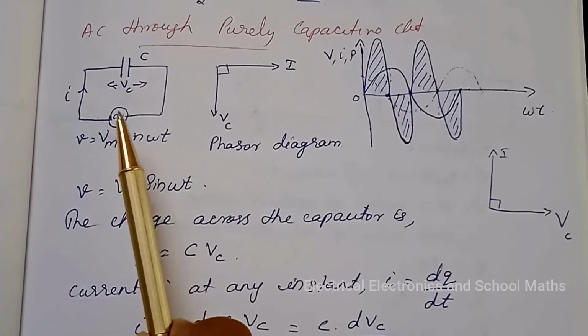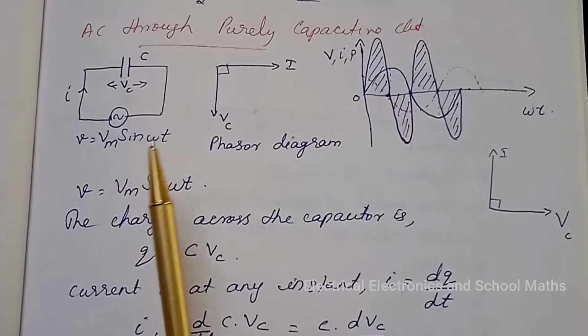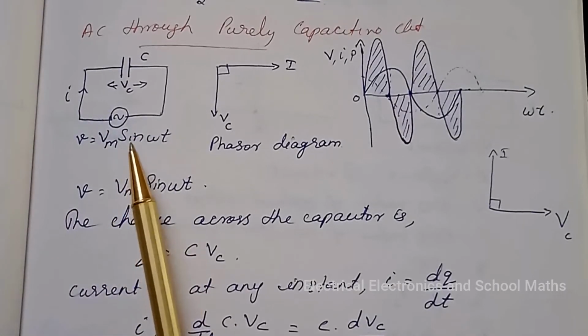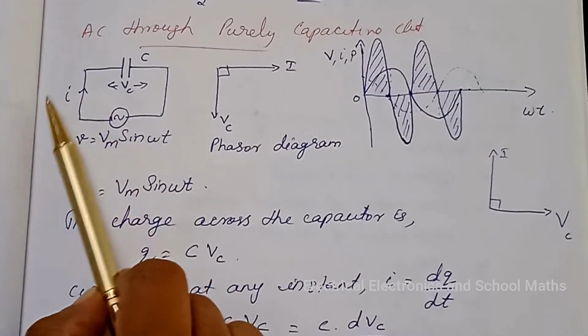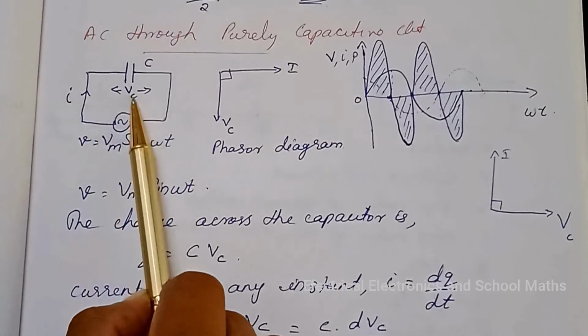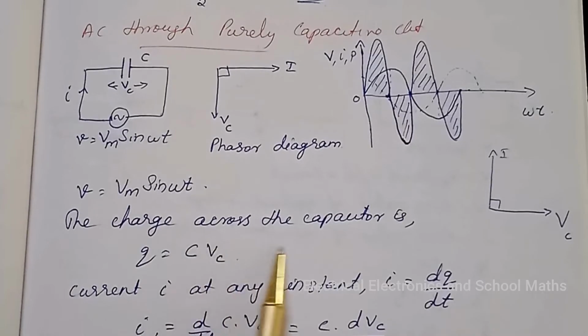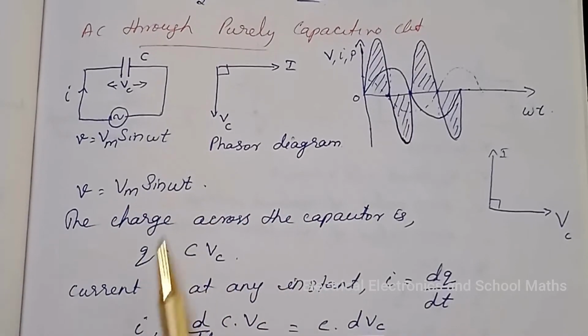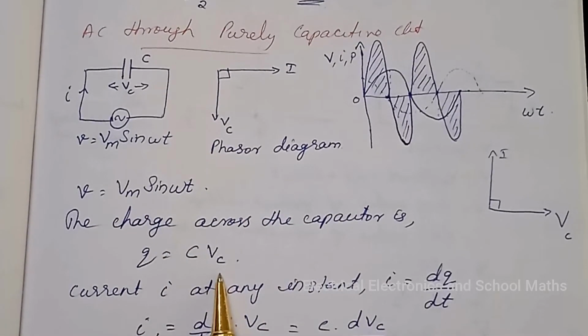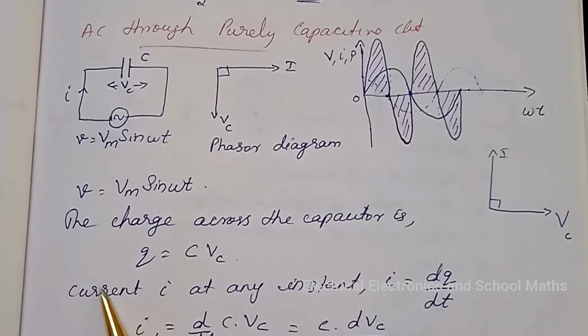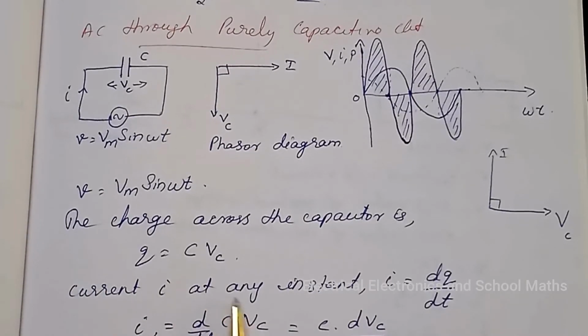Then let the charging current in the capacitive circuit be I, and the charge across the capacitor is Q equal to C into Vc.